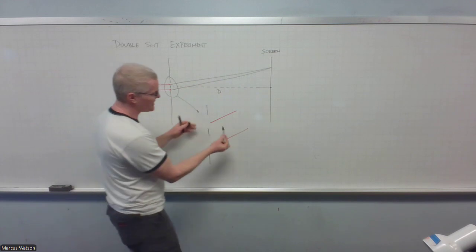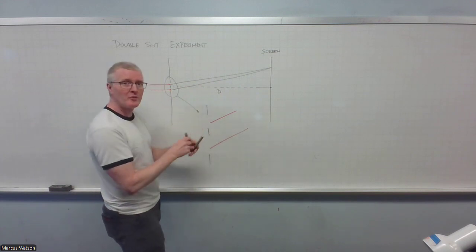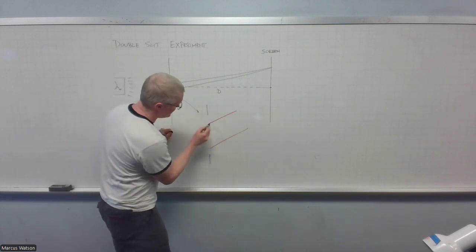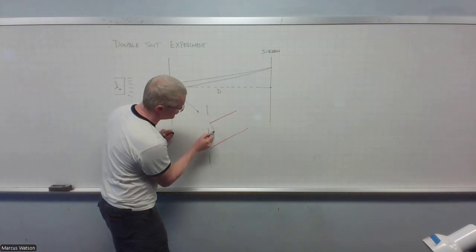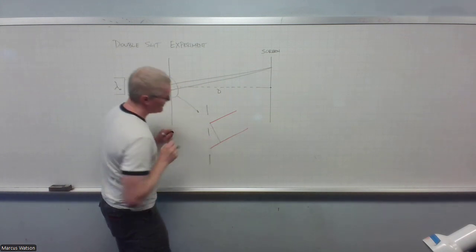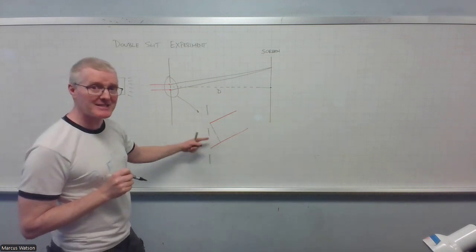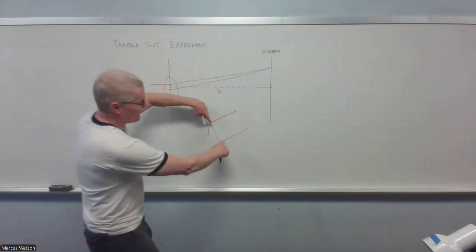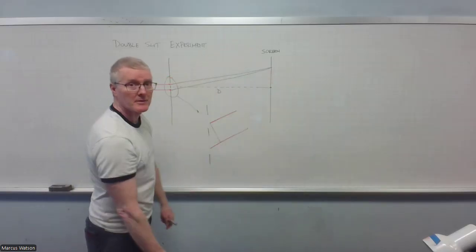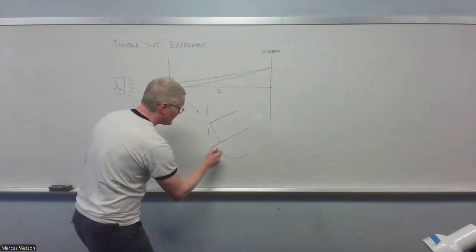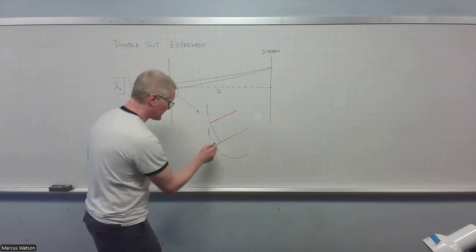So I can form a little triangle by dropping a normal from the top one to the bottom one here. That is the extra distance that the lower one has traveled, because after that they went the same distance. So this right here is the path length difference. That's it right there.